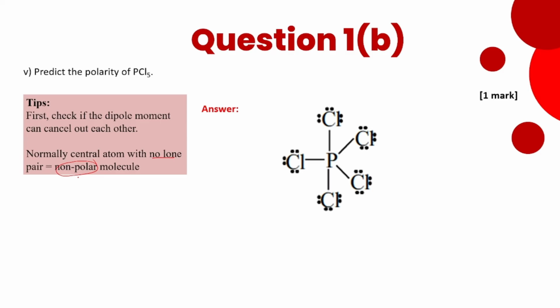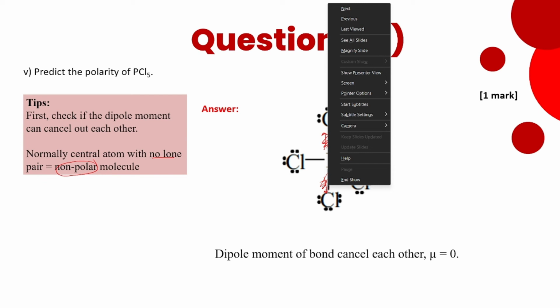You can check it, because you know that in PCl5 the electronegativity of Cl is stronger than phosphorus. Therefore, the bond dipole will move towards Cl, upwards and downwards. So it's going to cancel out each other.